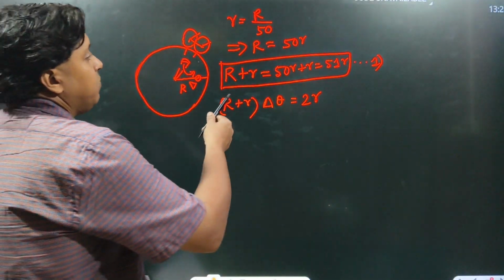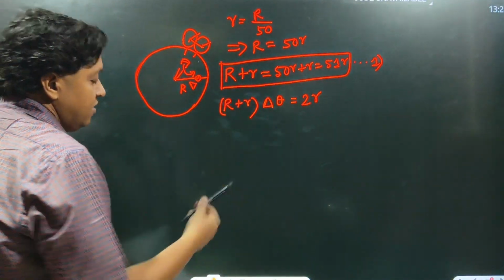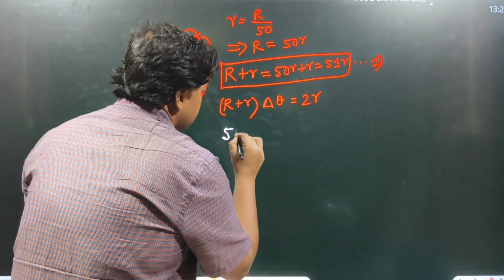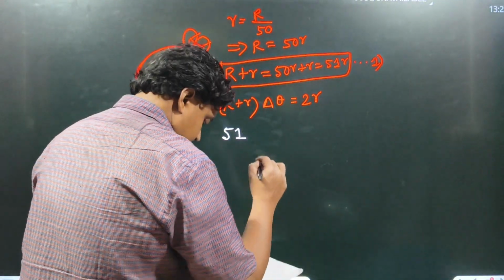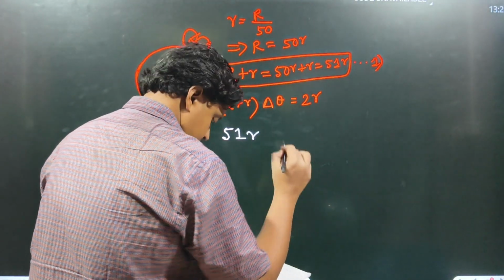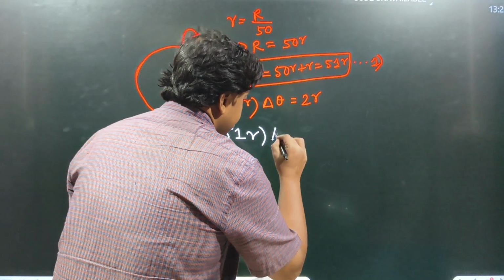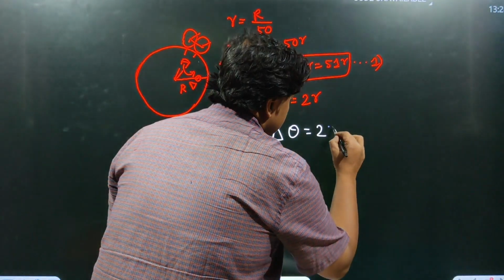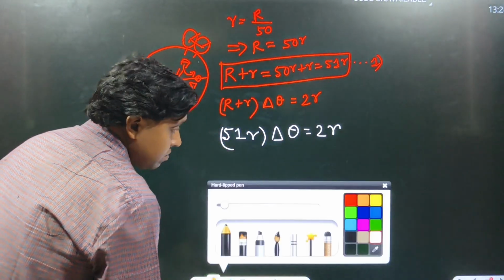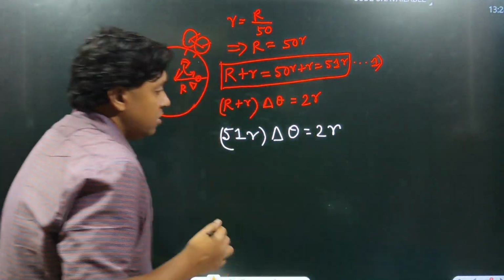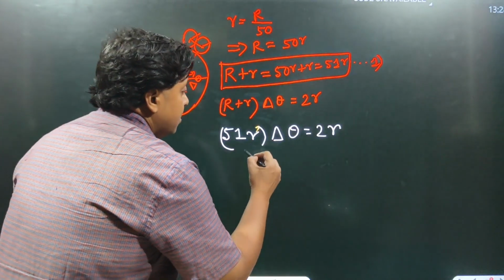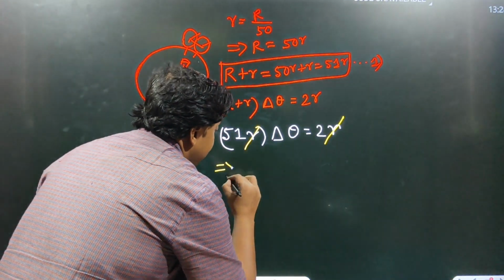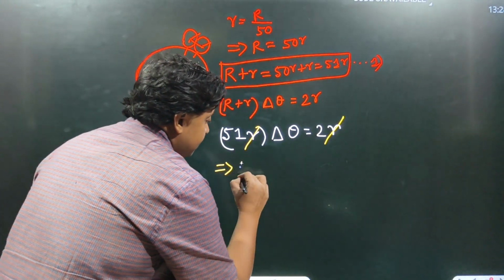So when we put the value of capital R in this equation, we can easily get... you can now see we can get rid of this small r and we have our second equation ready.